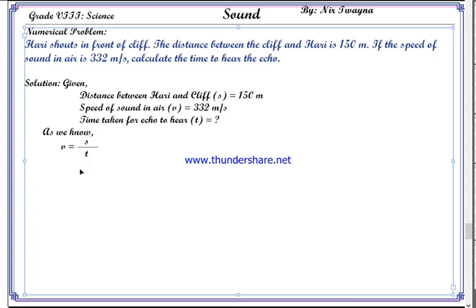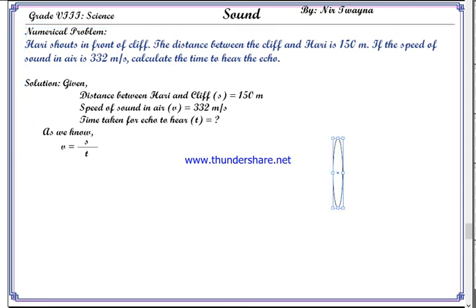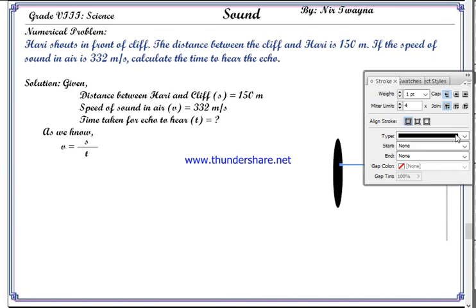But here we have a small problem. Okay, the problem is, suppose the boy is standing here and the cliff is here. Then the sound produced by boy has to travel this much distance, isn't it?